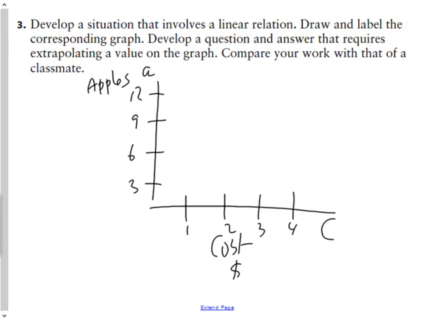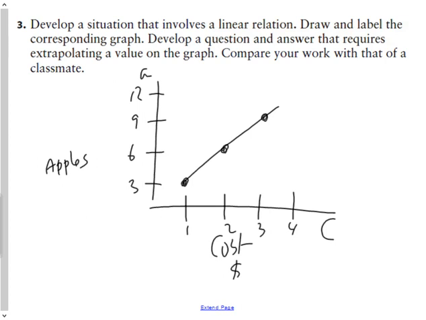I should put my apples down here. Erase that. And call this A. Then if one apple costs $3, 2 apples cost 6, 3 apples cost 9, that would be a line. Now, is it possible? Sorry, 3 apples cost $1. I got that backwards. $1 for 3 apples, $2 for 6, and $3 for 9.